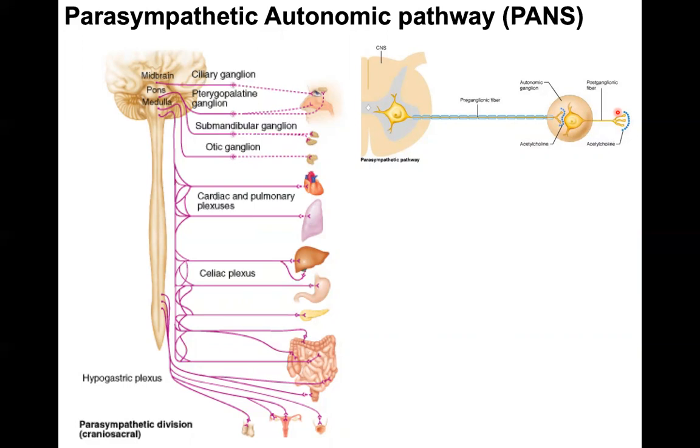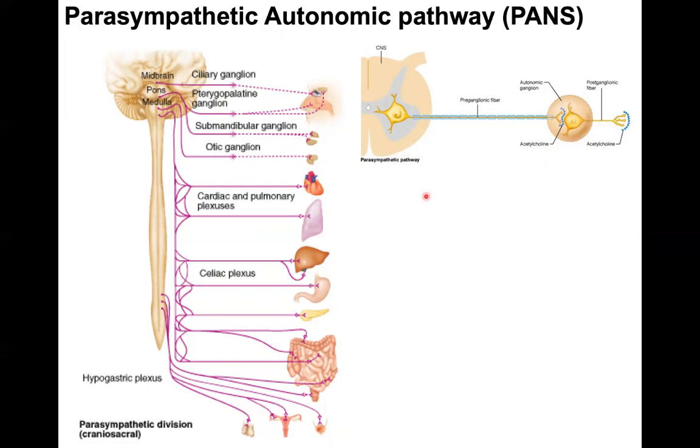So the parasympathetic autonomic nervous system is almost all this preganglionic axon. So they're really long, and that means that these ganglia are going to be right next to the organs that they control.